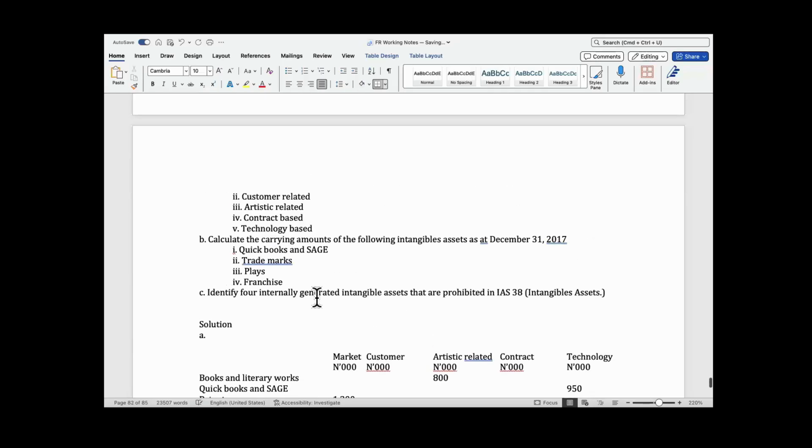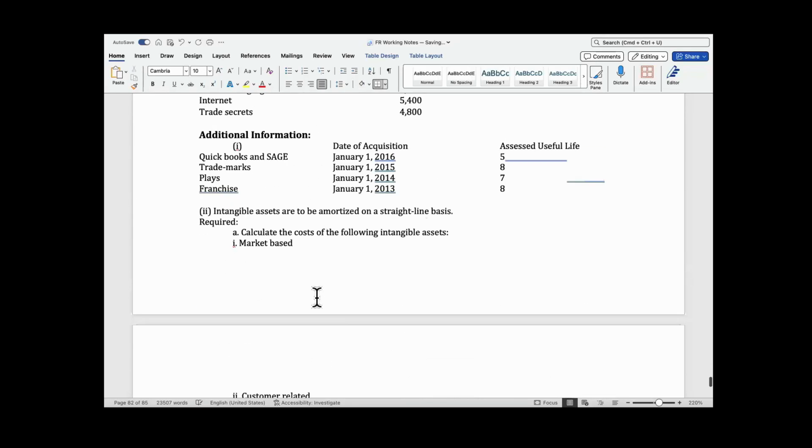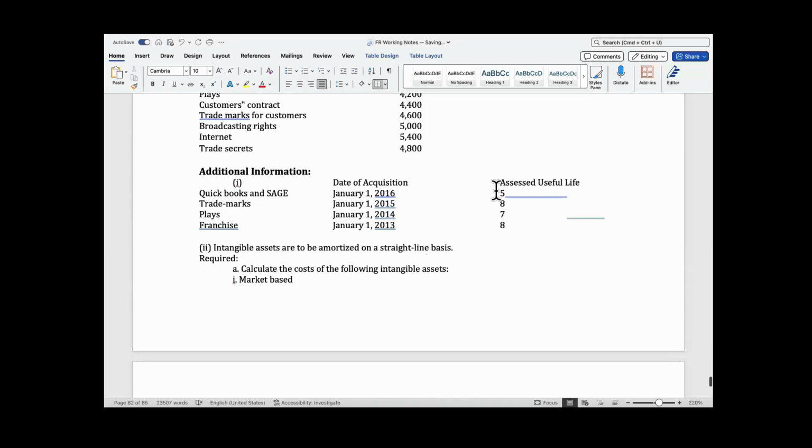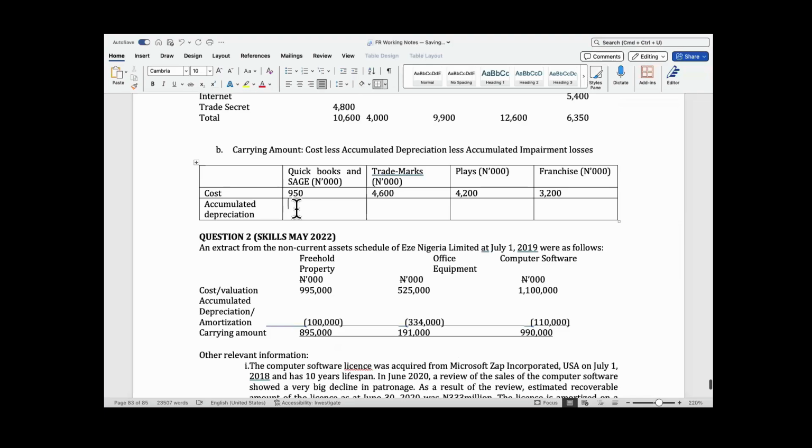To get that, we'll need the useful life of the assets. For QuickBooks, the useful life is 5 years, Abi? It's 5 years. So you'll be talking about 950 divided by 5. That will give me my depreciation per annum, 190.